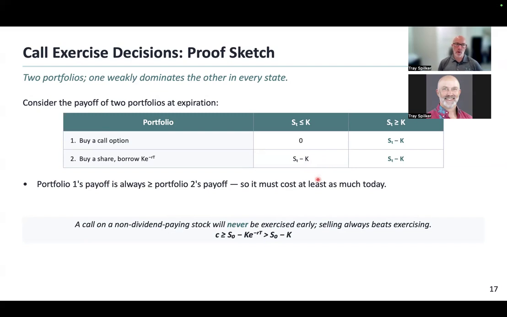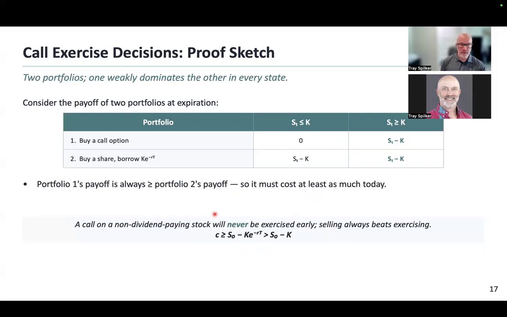So portfolio one's payoff is always better than or equal to portfolio two's payoff, so it must cost at least as much today. Said differently, a call on a non-dividend paying stock will never be exercised early because you can always sell it.